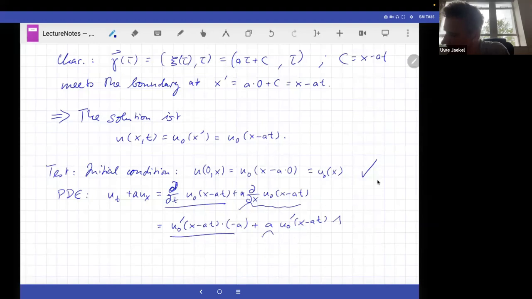And you see, we have the same values here. Here we have a with a positive sign, here we have a with a negative sign. So this sums up to 0, and we have solved our differential equation.